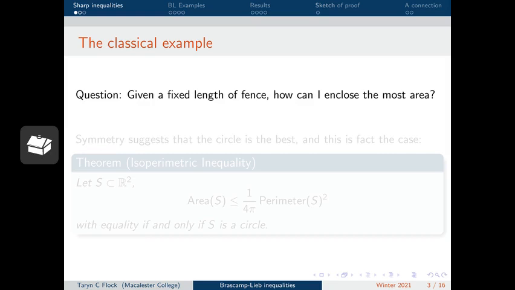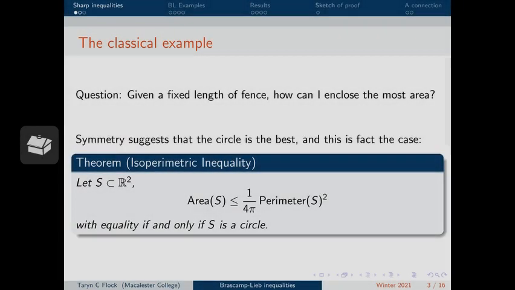Symmetry suggests the circle is your best bet, or if you're dealing with a coastline, perhaps you want a semicircle. And this is, in fact, the case. So the isoperimetric inequality tells me that for any shape in the plane, the area of this shape is at most 1 over 4 pi times the perimeter of the shape squared, with equality if and only if we're looking at a circle.